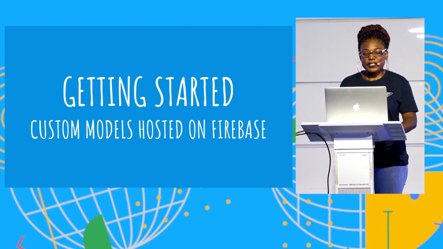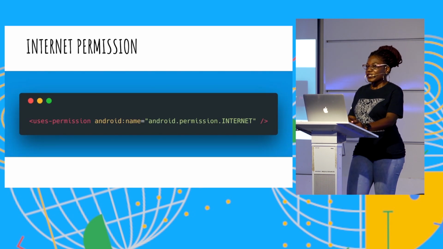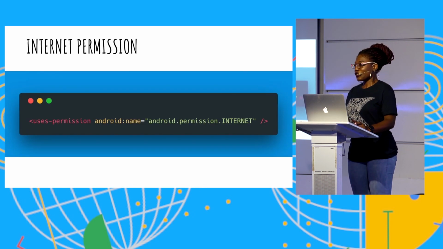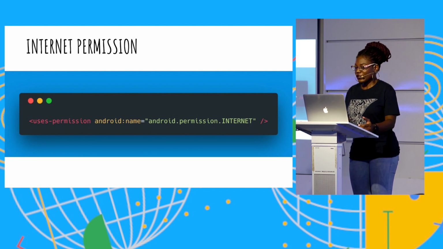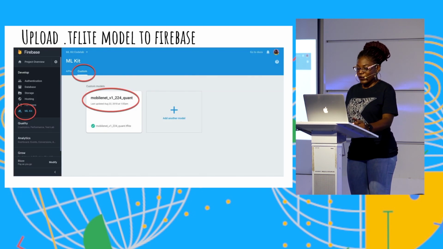So there are a couple of things to keep in mind when hosting custom models on Firebase, if you choose to do that. First, we need to specify that we have an internet connection, since it's going to need to make a network request before that can happen. And then, if you are familiar with the Firebase dashboard, this is what it looks like.